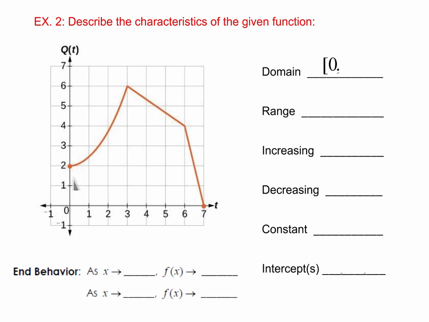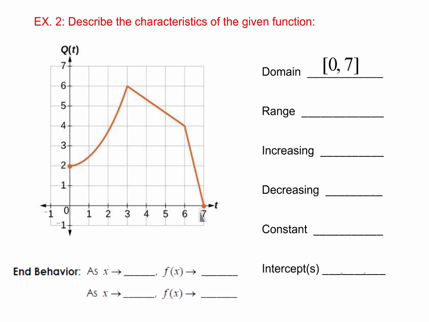My domain starts at 0, and it moves to this point, which is at 7. So my domain is just [0, 7]. Notice there's no infinities here because my graph doesn't go on forever. It stops. Also notice that I use brackets because both of these points are included.